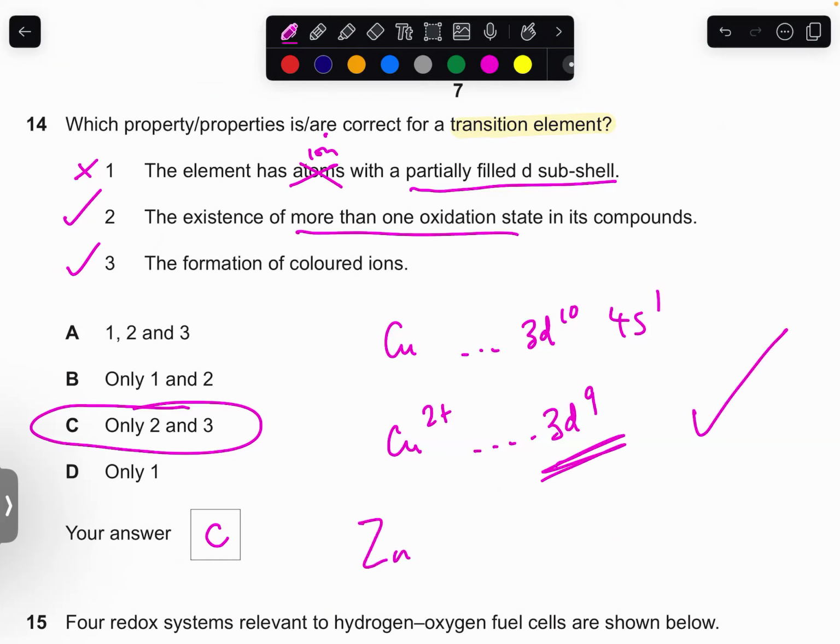Whereas zinc is 3d10 4s2. Zinc can only form a 2+ charged ion. That means it's got a completely filled d subshell, and means this can't be a transition element.